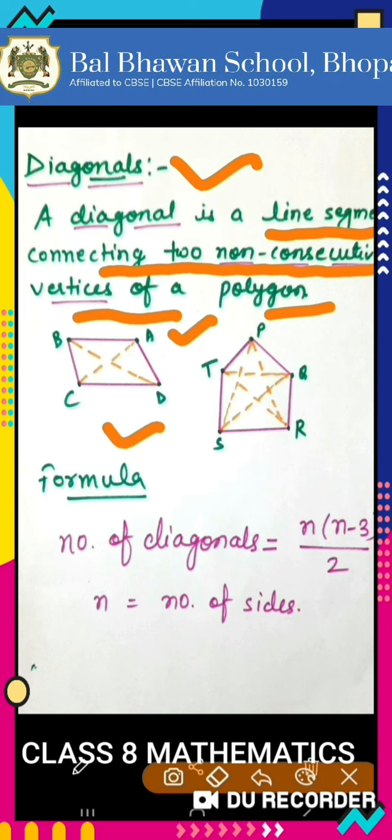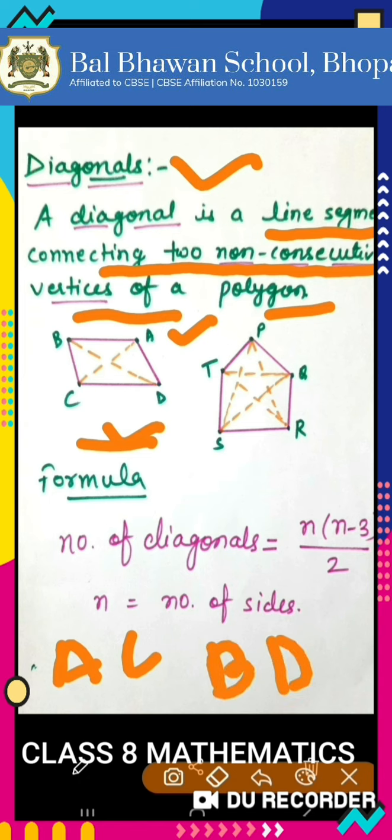Like in a quadrilateral, when we join points B and D and A and C, which are non-consecutive vertices, we get two diagonals. The names of these diagonals are AC and BD. So these two line segments AC and BD are called diagonals of the quadrilateral ABCD.